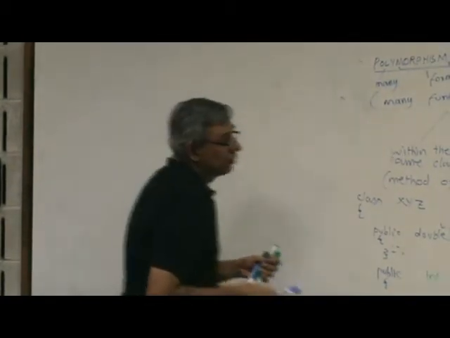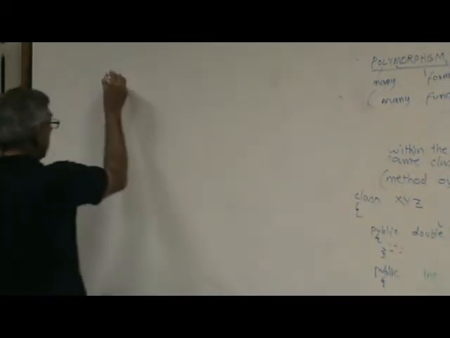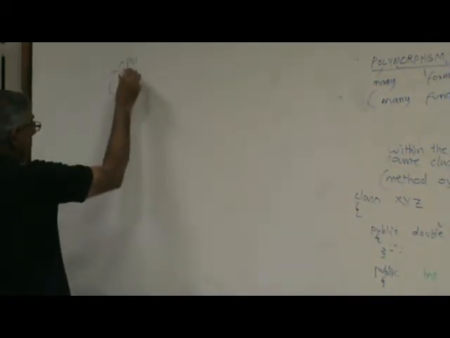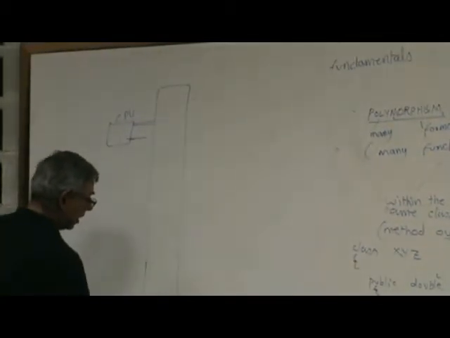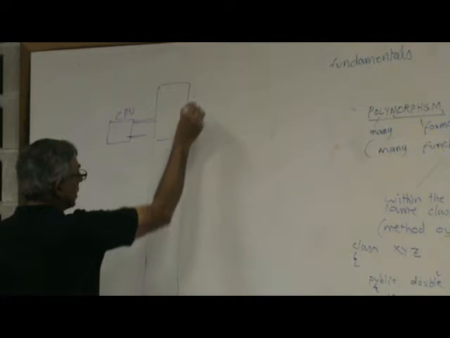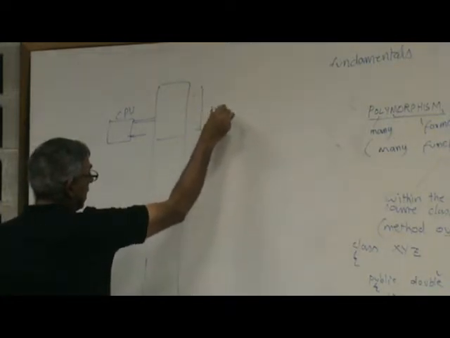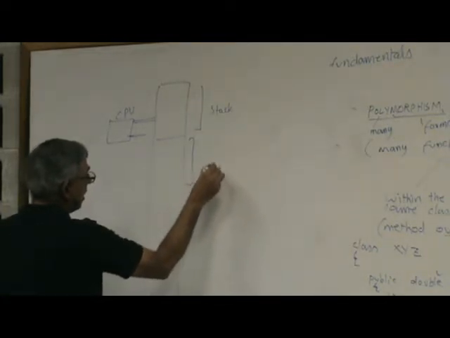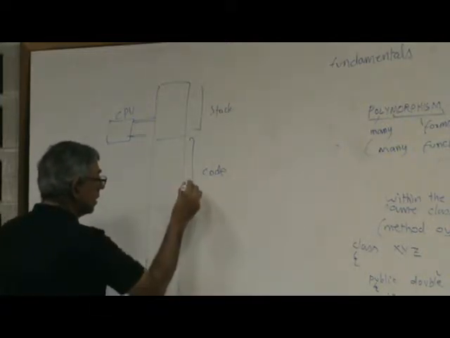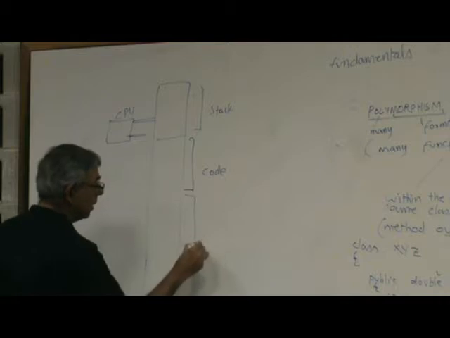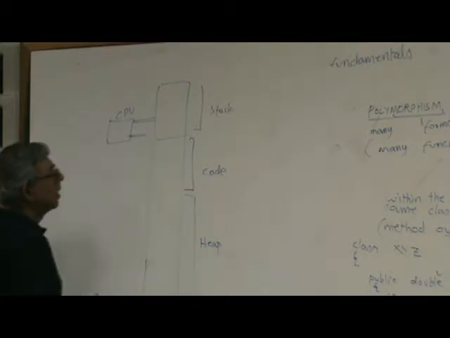Okay, so whenever this code executes, as we discussed, if this is the CPU, and if this is the memory of the computer, remember it's divided into a stack area, a code area, and a heap area, right?